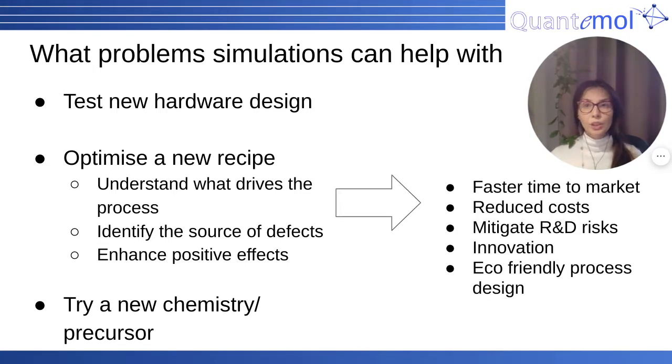And of course, these activities are important for the bottom line of companies because they ensure a faster time to market, reduction of R&D costs, mitigation of risks in research and development, and inspire innovation by giving researchers a much better insight into what is happening. Last but not least, it's also a more ecologically friendly approach.